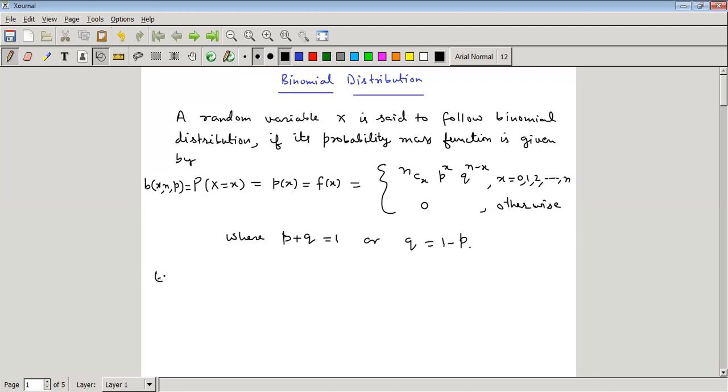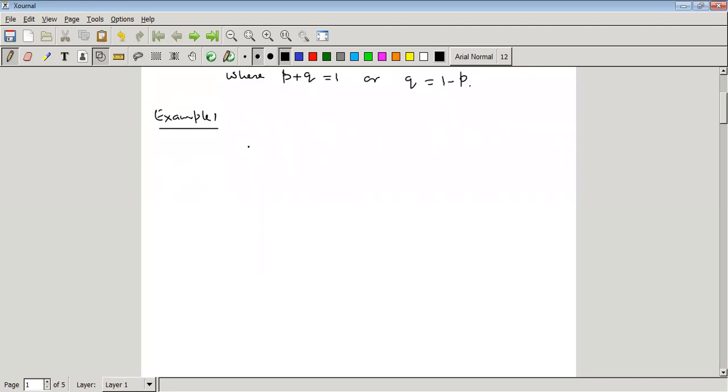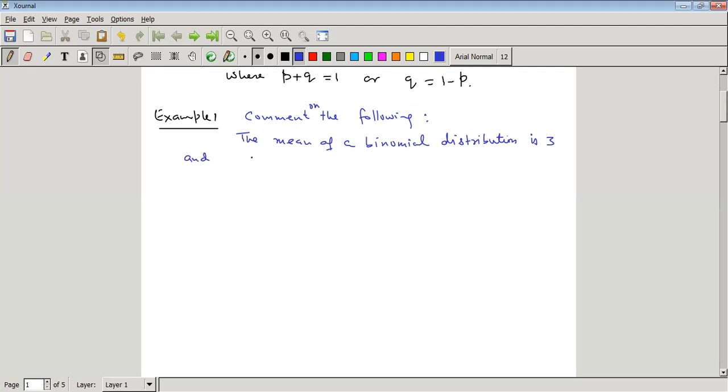So, example. Comment on the following: the mean of a binomial distribution is 3 and variance is 4.